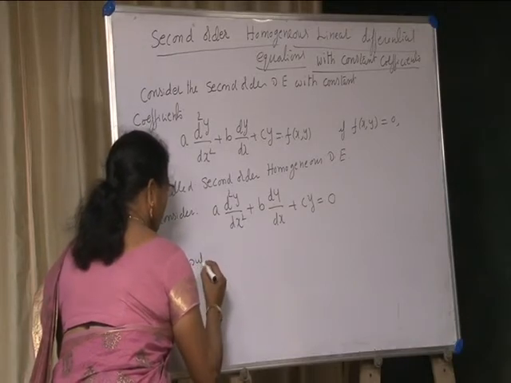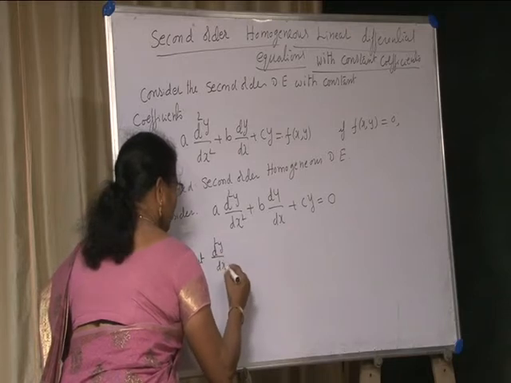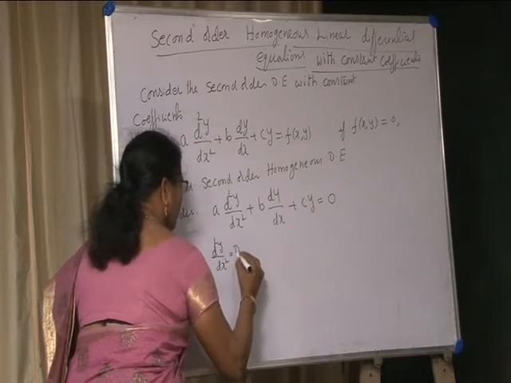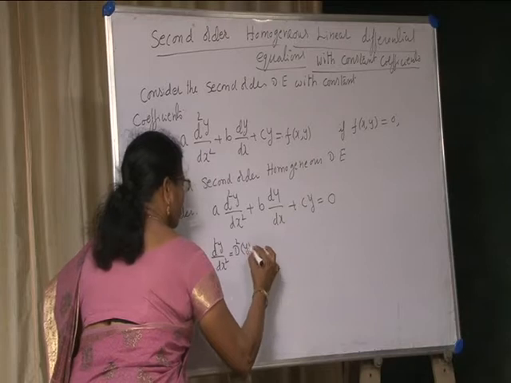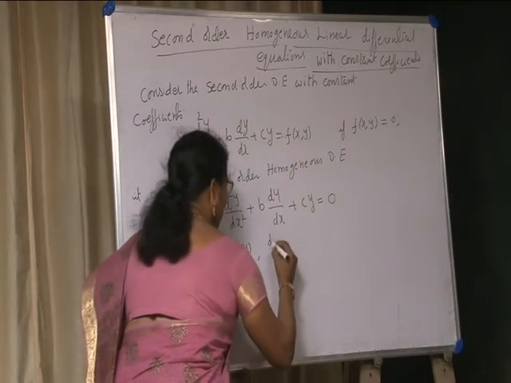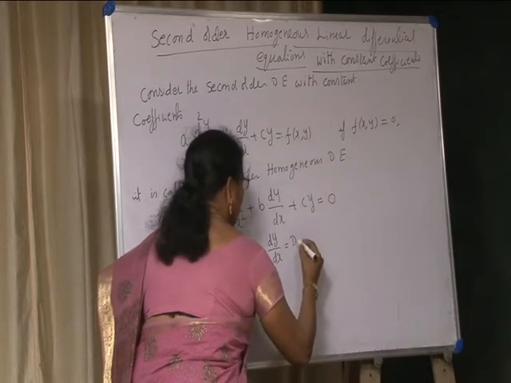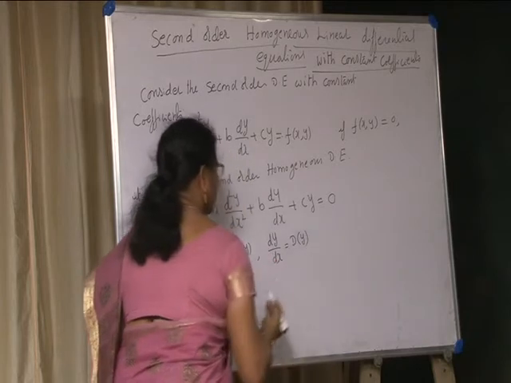Put d squared y by dx squared as D squared y, and dy by dx as Dy.